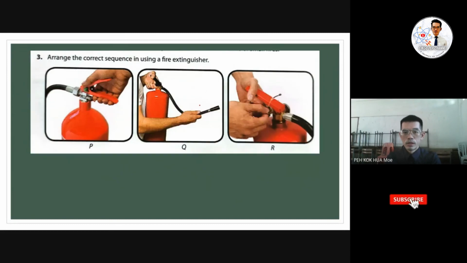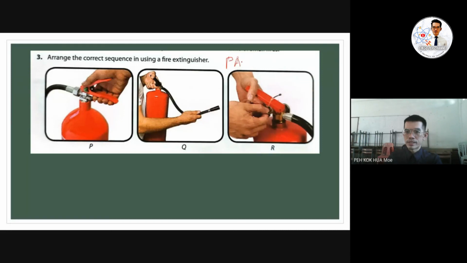So the last question here: arrange the correct sequence in using a fire extinguisher. Who can tell me which is the first step? PQR. R is the first step because as we know, the steps are PASS.